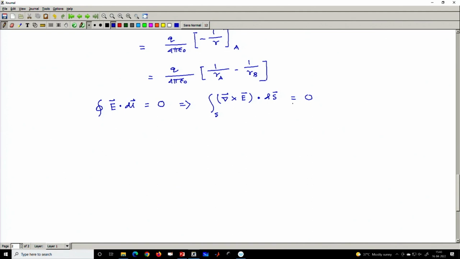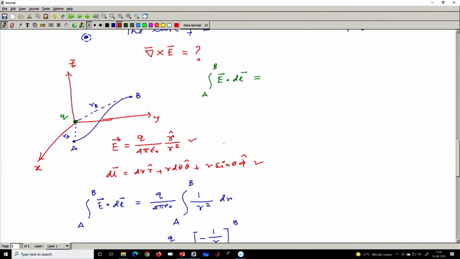This is true for any surface. That simply gives me a very important piece of information, that curl of E is 0.